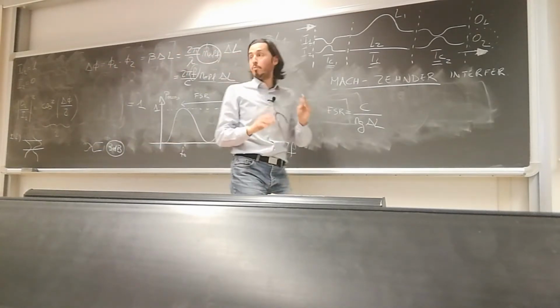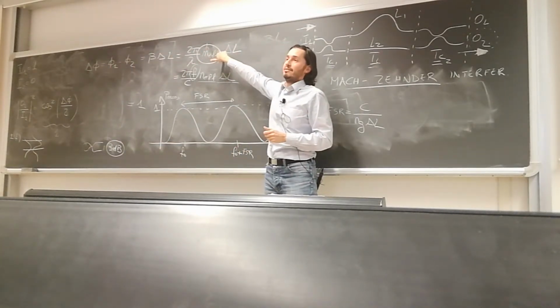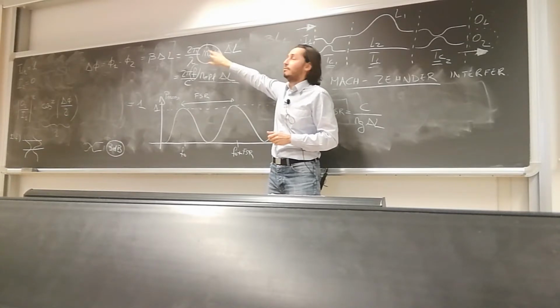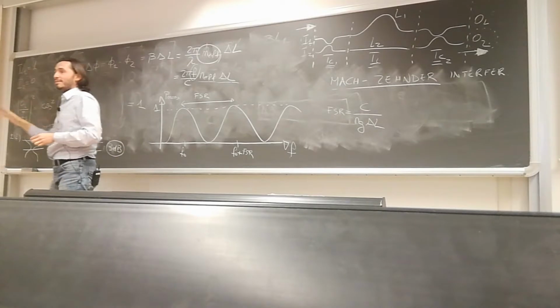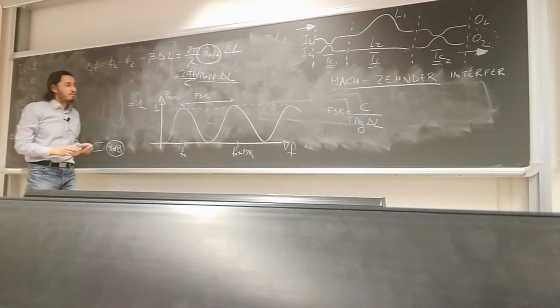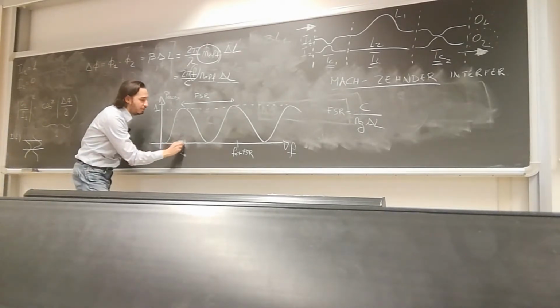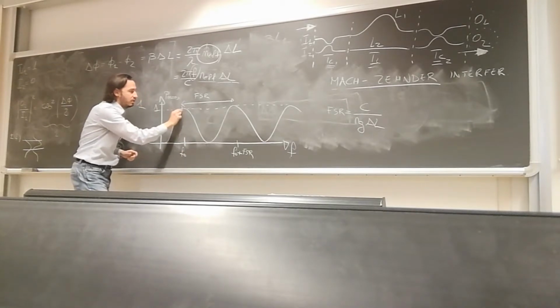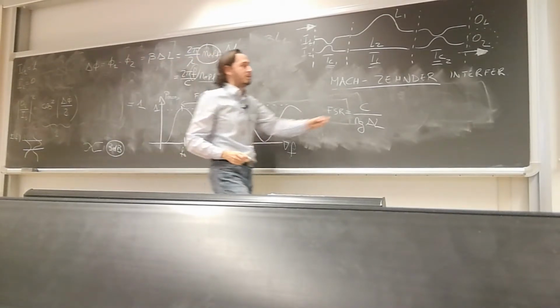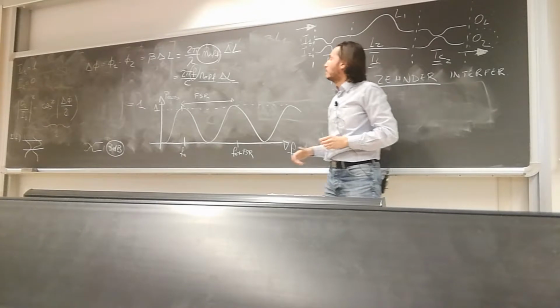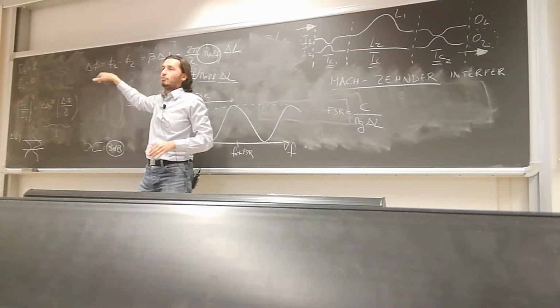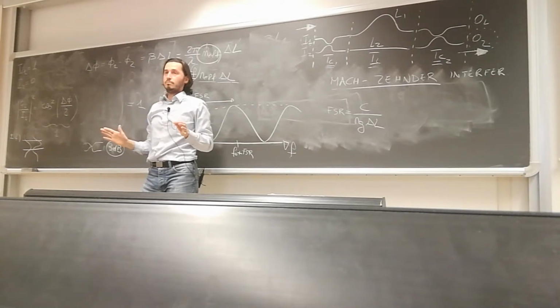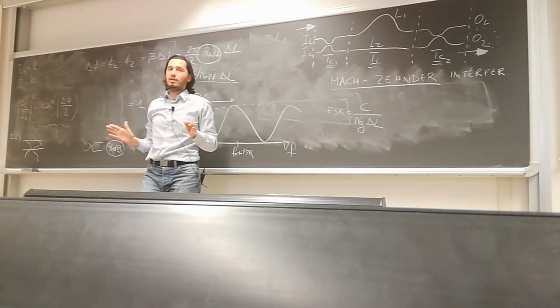But the worst problem is this. Because these two modes will have different nef. And if you want to transfer all the power at this frequency to this port, you have to match the delta phi equal to 2 pi condition for both. And it's not easy.